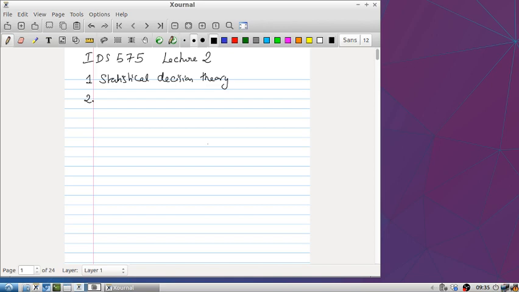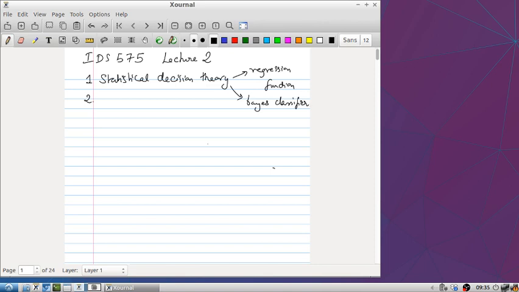It's just a language that we'll use, and we'll recognize a couple of key ingredients. One is called the regression function, and the second one is a Bayes classifier.